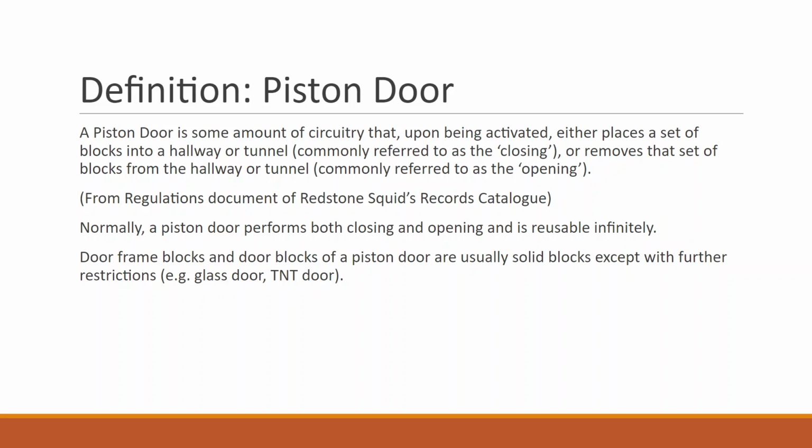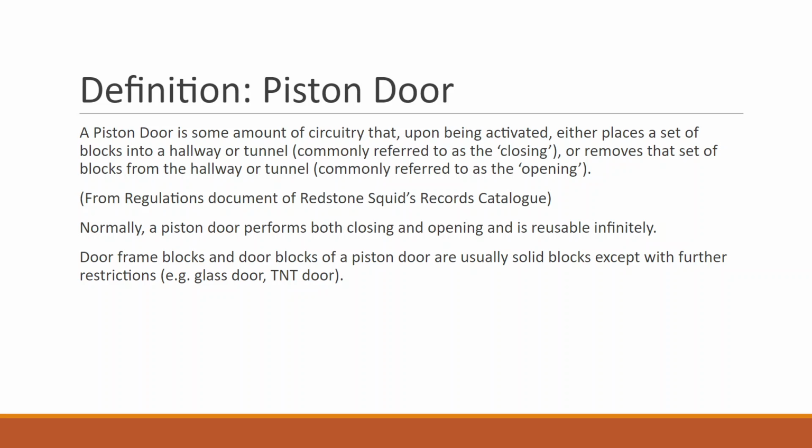But yeah, anyways. One key thing about piston doors is that you obviously need door blocks, and surrounding the door blocks you would have the door frame. So we have the door frame blocks, and the door blocks of a piston door are usually solid blocks except with further restrictions. For Redstoners, we usually would use quartz block to indicate the piston door frame and the door blocks.